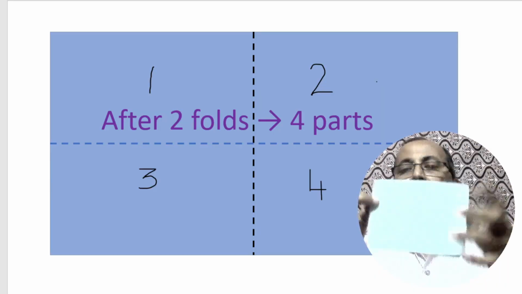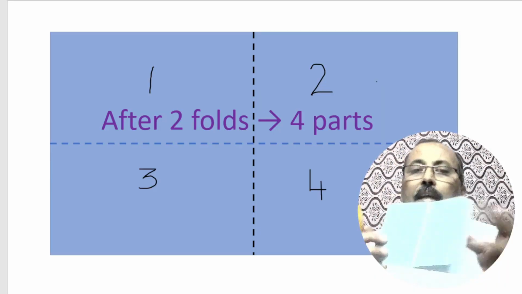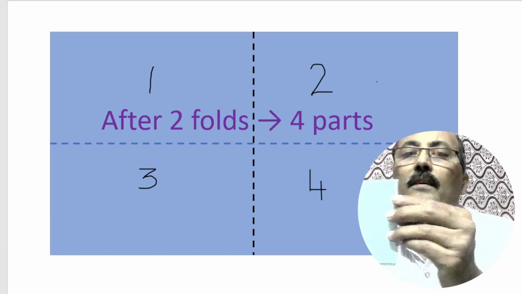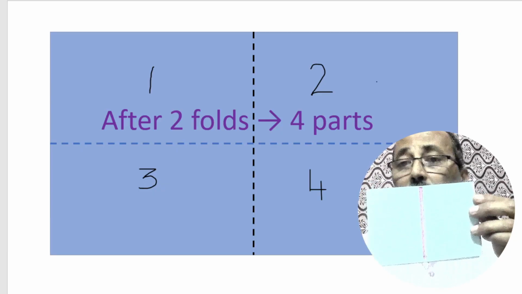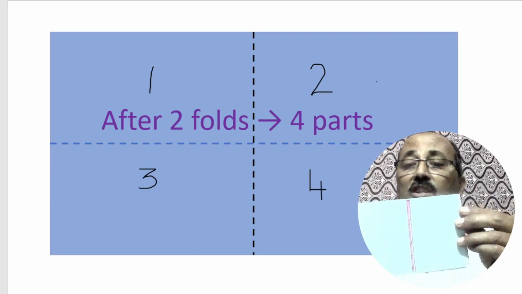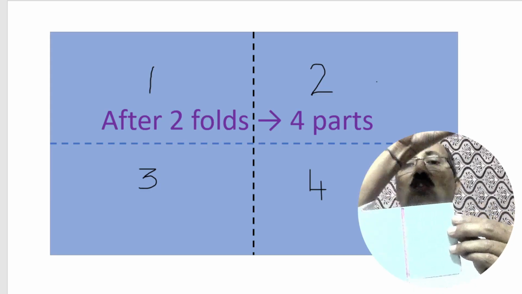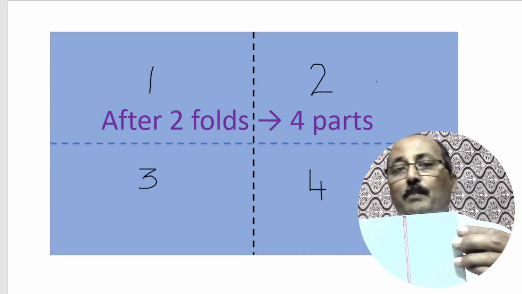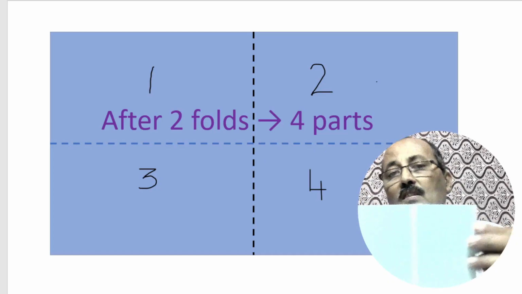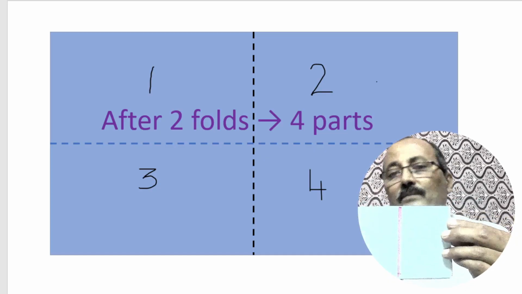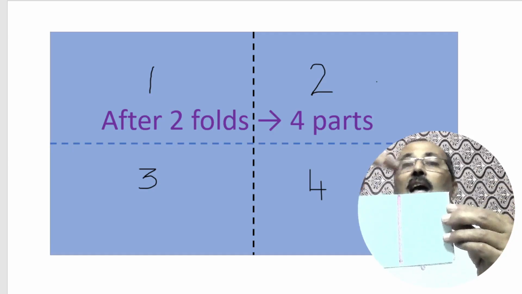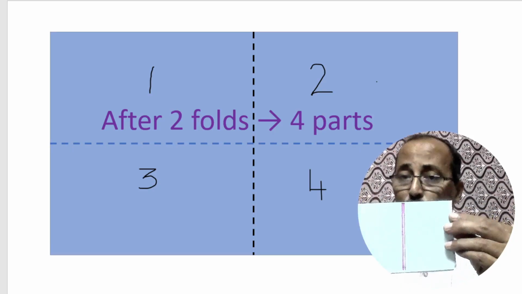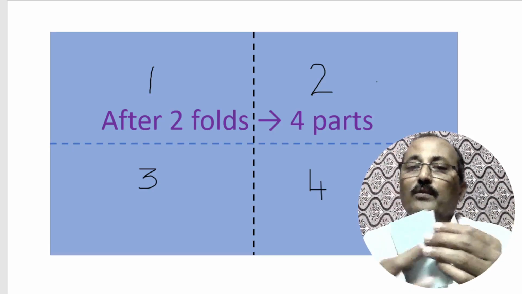In that big A4 sheet, in the last corner, the display shows number 1. Again I am folding this, and after folding, again I am going to fold it.